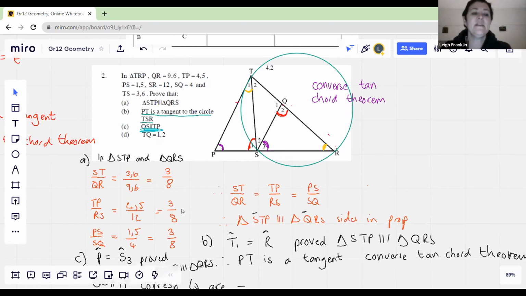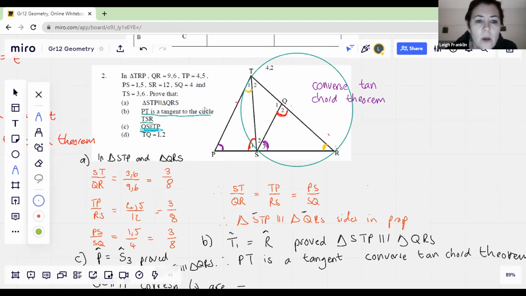All right, and then the last thing that we needed to do was prove that TQ was 1,2. Going back, they told us that QR was 9,6. We know that TP is 4,5. We know that PS was 1,5.